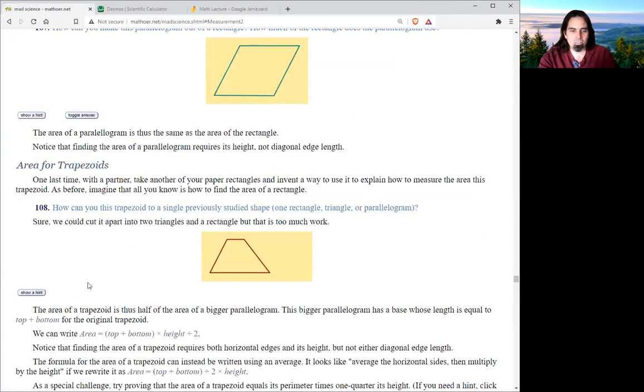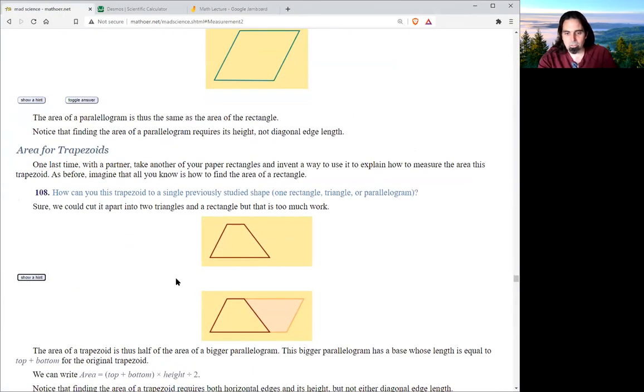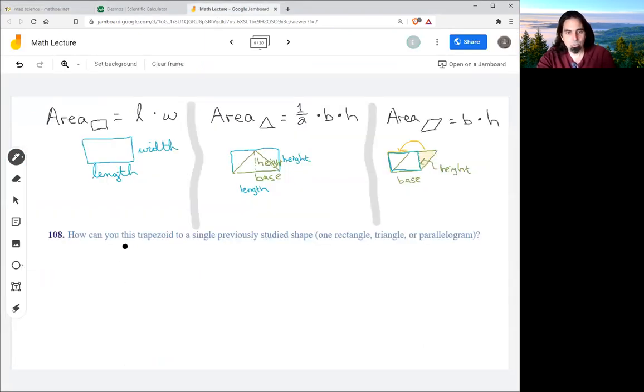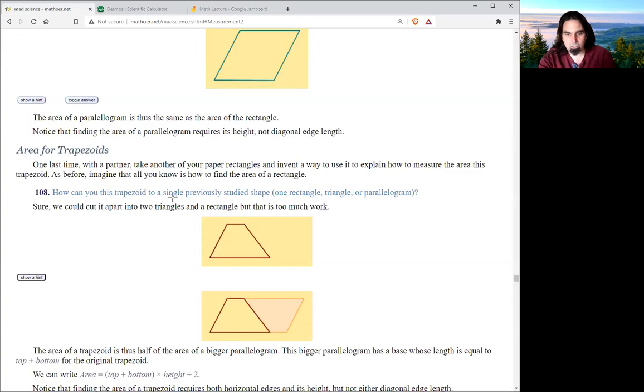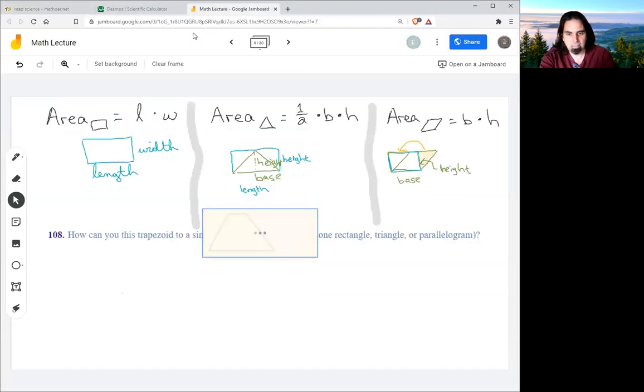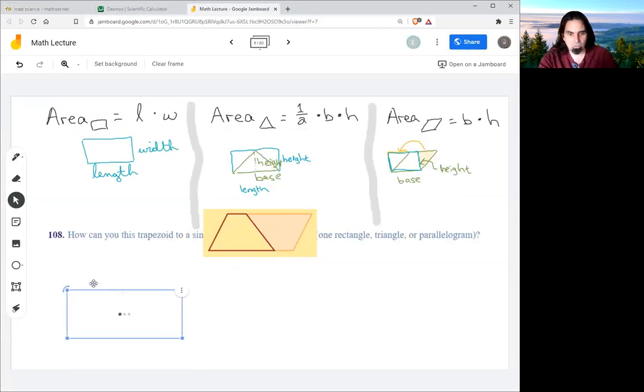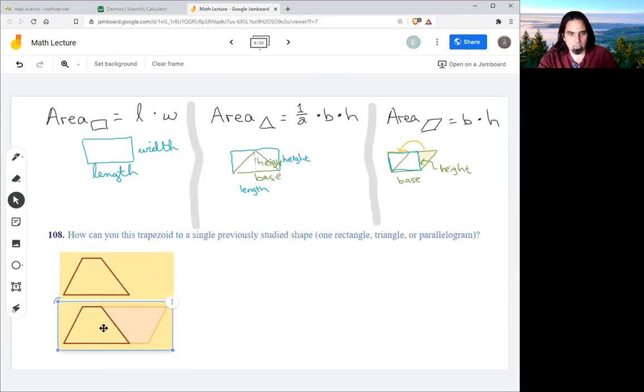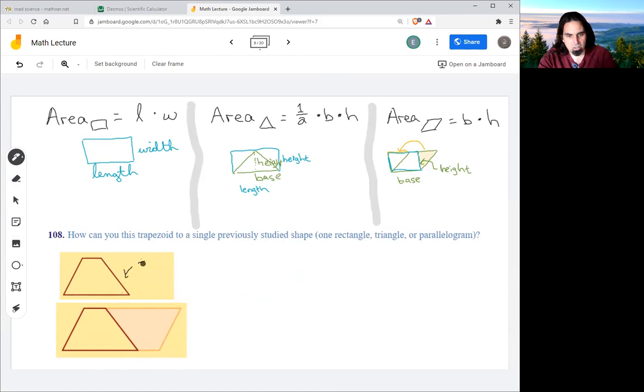And my art is not my strong point, so I'm going to grab this, because it will really help you to see some better quality picture than I can draw. Okay, so I start with my trapezoid.